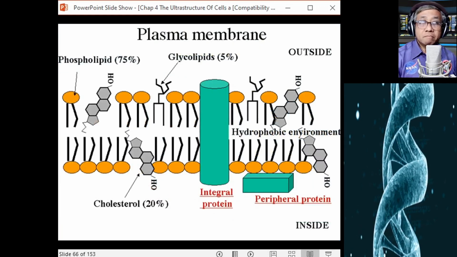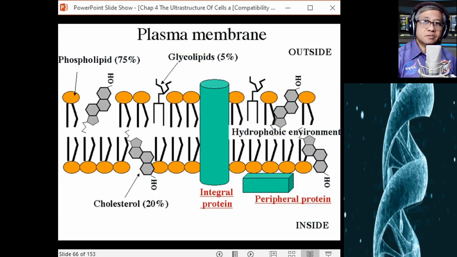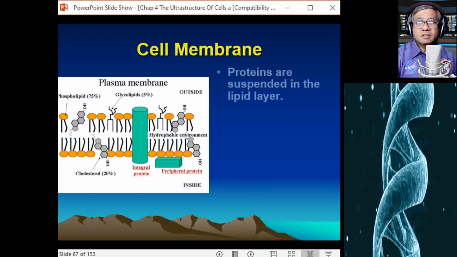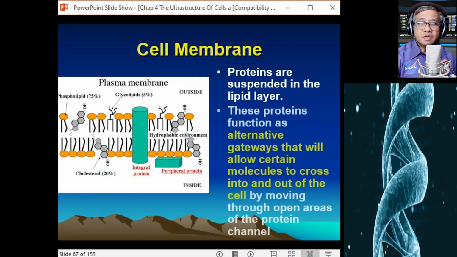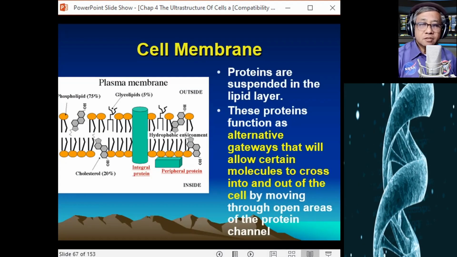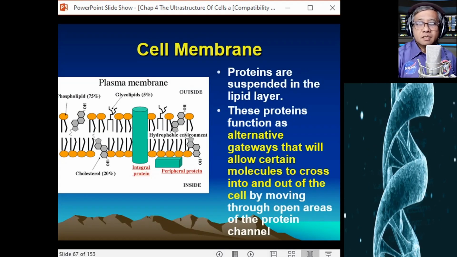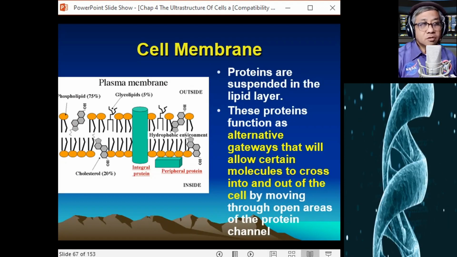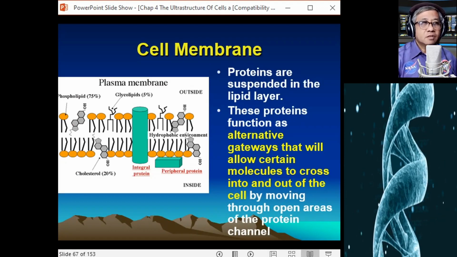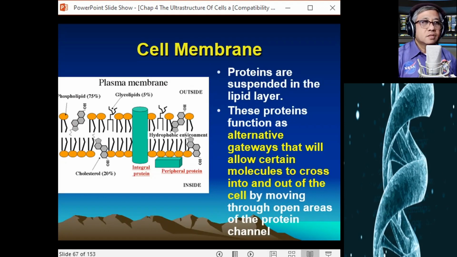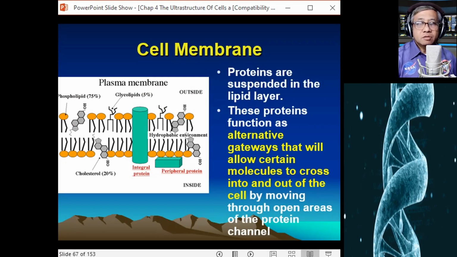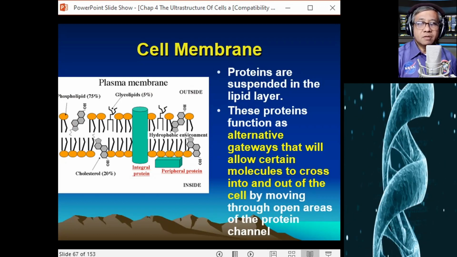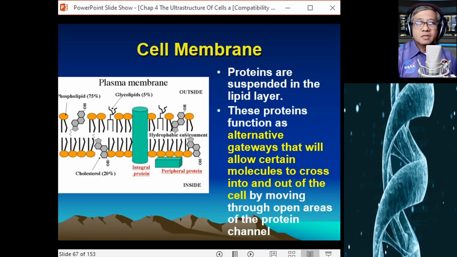And embedded in the plasma membrane are proteins. These proteins function as alternative gateways that allow certain molecules, especially large molecules like glucose and certain lipid molecules, to cross into and out of the cell by passing through the membrane.